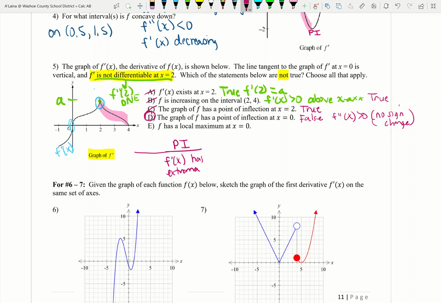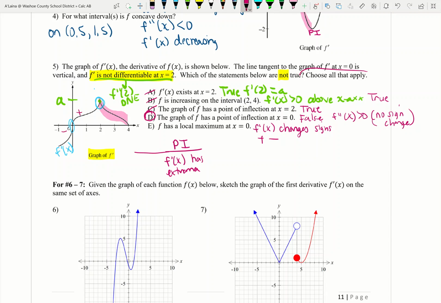Let's just verify that with E. f has a local max. Well, if there's a local extrema for f, then f prime should change signs from positive to negative. So let's just see if that's happening. A local max should change signs from positive to negative. Let's see, this changes from negative to positive.